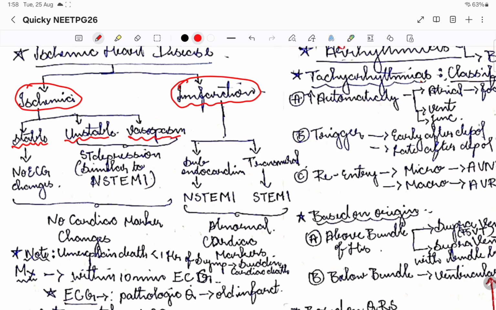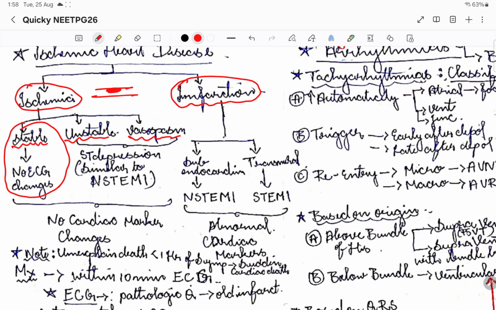In stable ischemia, for example, take this coronary artery: there will be a stable thrombus formed. If suddenly, due to some exertion, the patient has chest pain, that is where stable ischemia comes in. There will be no changes in the ECG at all.